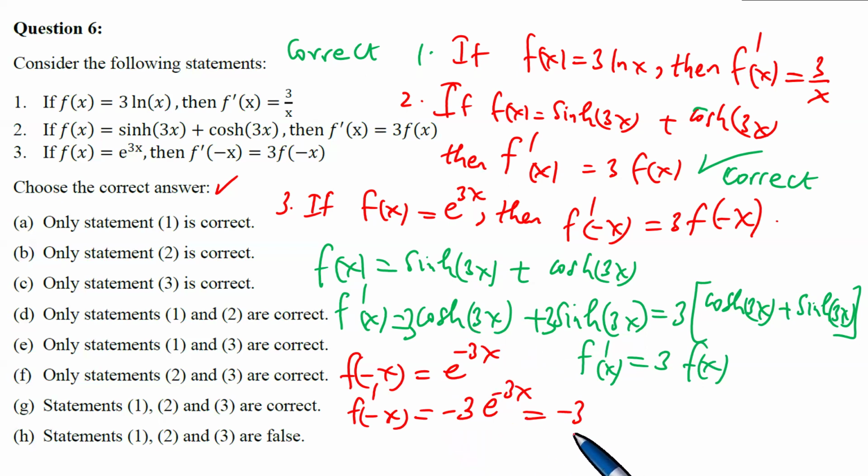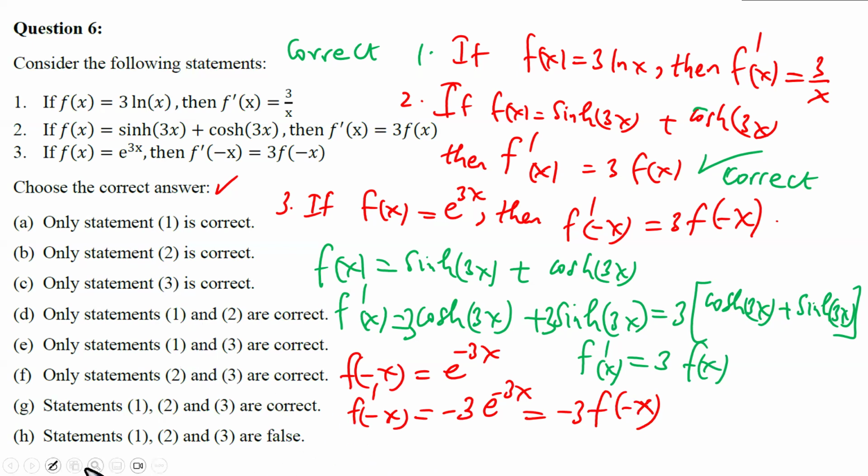Then e to the power minus 3x becomes f of minus x, because f of minus x is e to the power minus 3x. What is the answer, therefore, to this particular expression here?